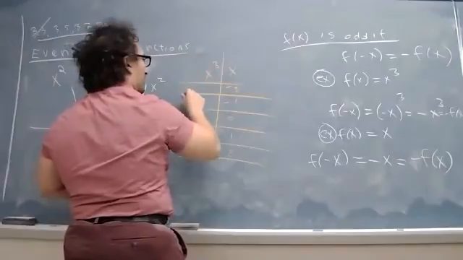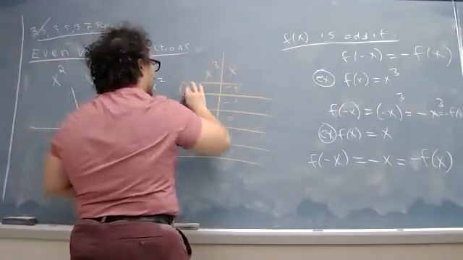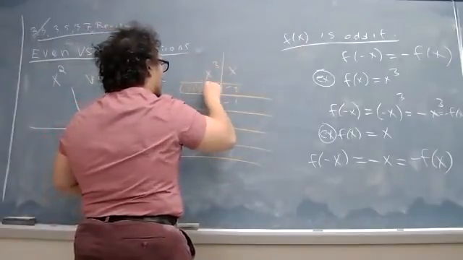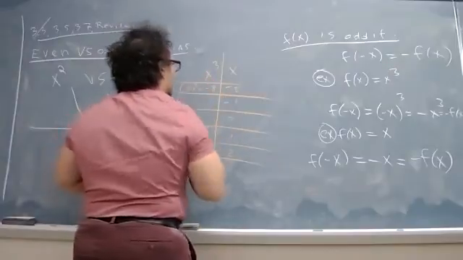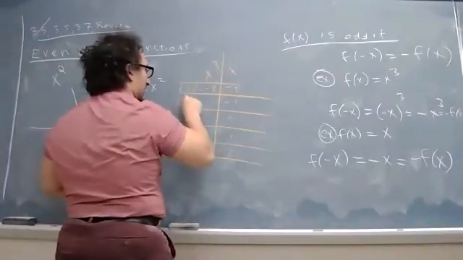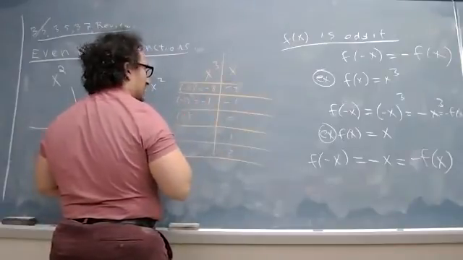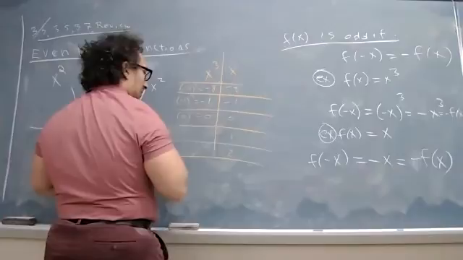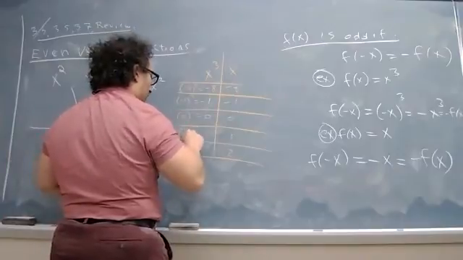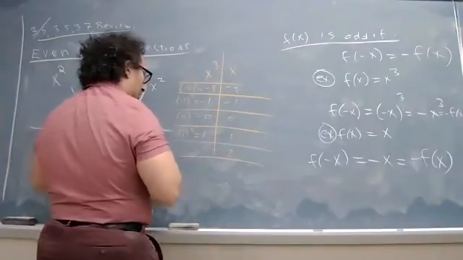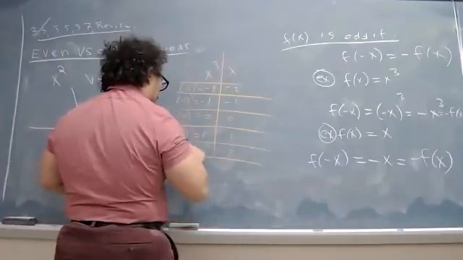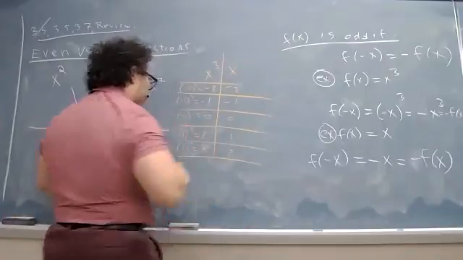What's f of negative 2? That's just negative 2 cubed, which is negative 8. What is f of negative 1? That's just negative 1 cubed, which is negative 1. What's f of 0? That's 0 cubed, which is 0. What's f of 1? That's 1 cubed, which is 1. What's f of 2? That's 2 cubed, which is 8.